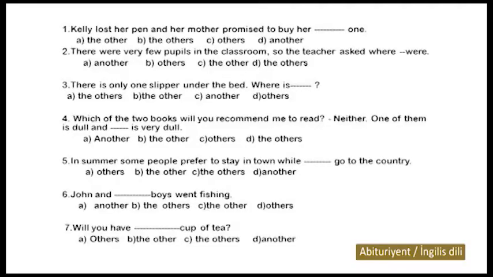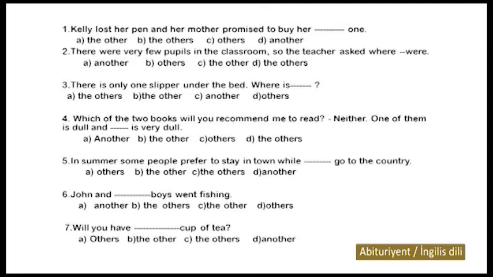Sentence 5: "In summer, some people prefer to stay in town, while others go to the country." We speak generally, so we don't need to add "the" there. What about "others"? Yes, others go to the country. "John and other boys went fishing."